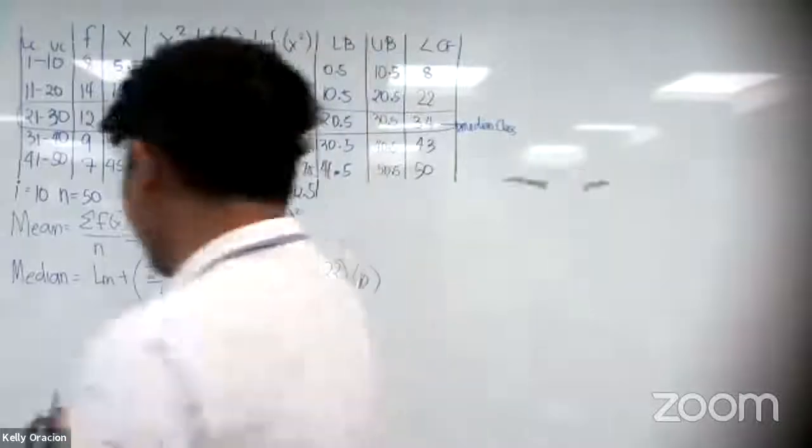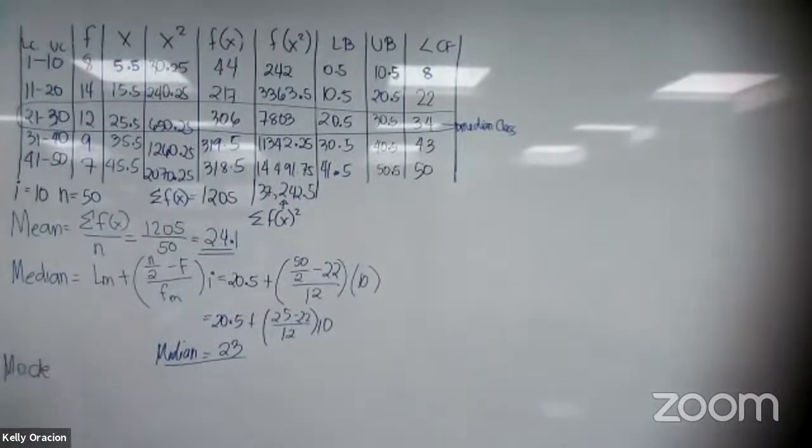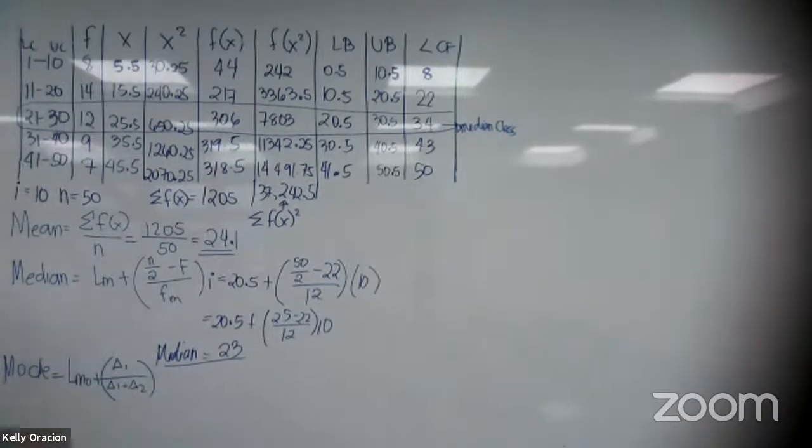The formula for mode we have: the lower boundary of the modal class plus delta 1 over delta 1 plus delta 2. Okay? This is the formula of getting the mode.